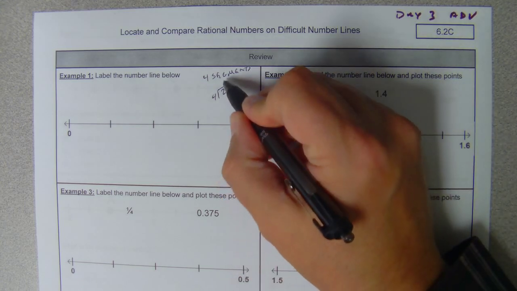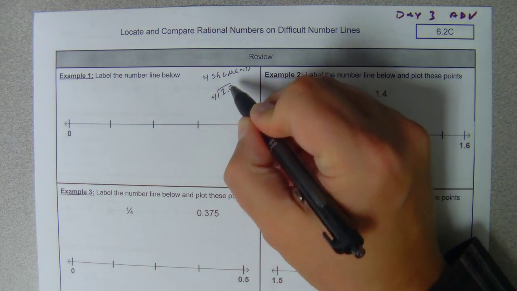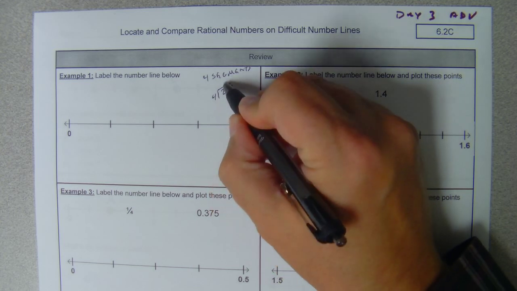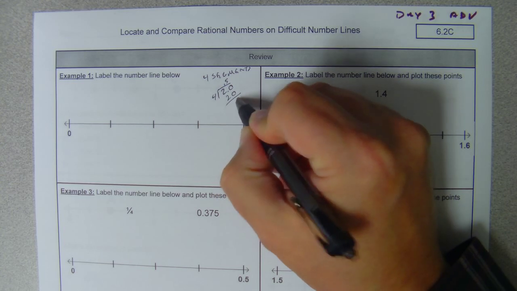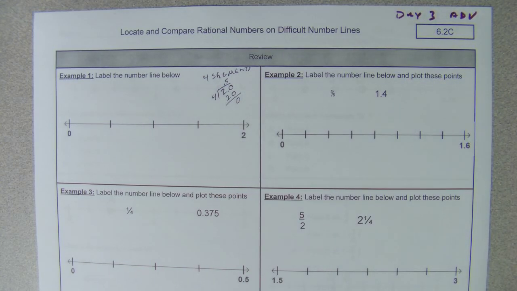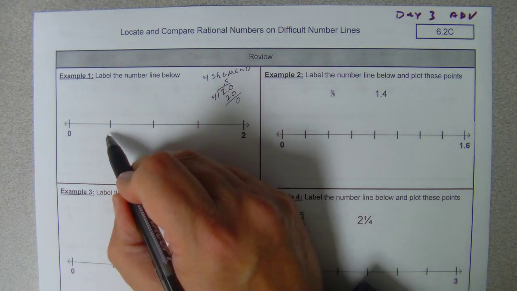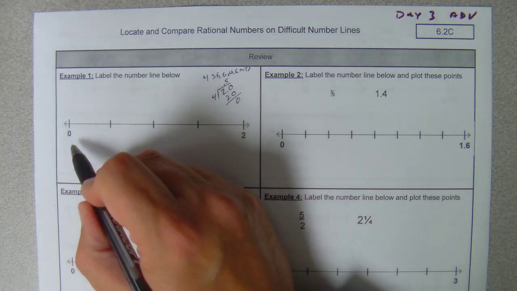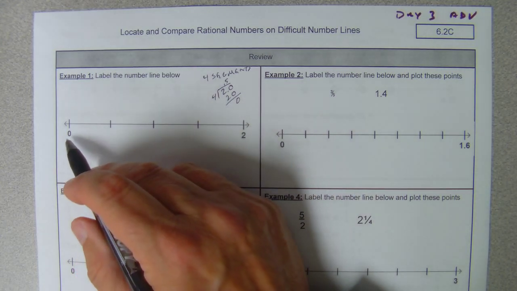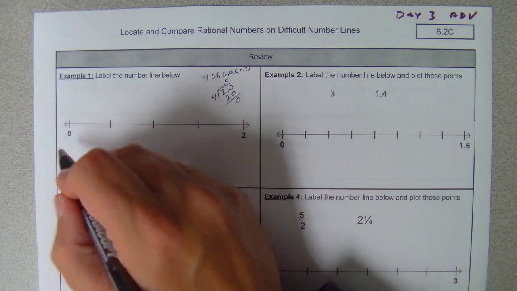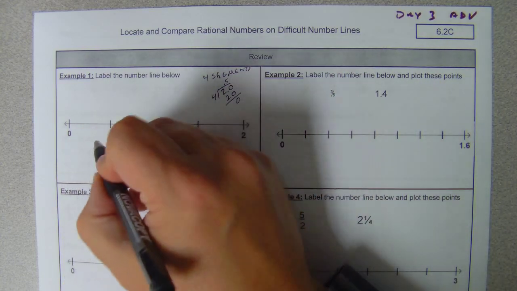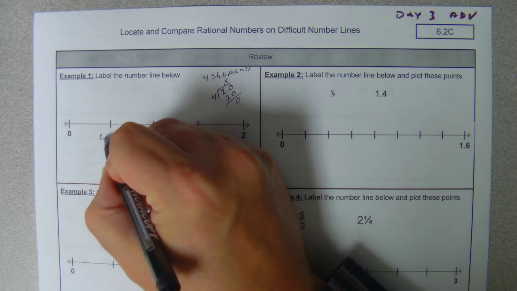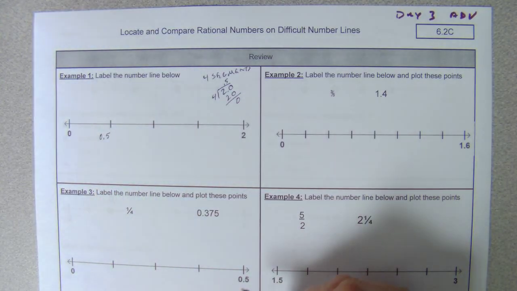And that equals, well, we borrow a 0, and that's 0.5. Okay, so each one of these has to be an increment of 0.5 from the beginning position. So 0.5 plus 0 is 0.5.